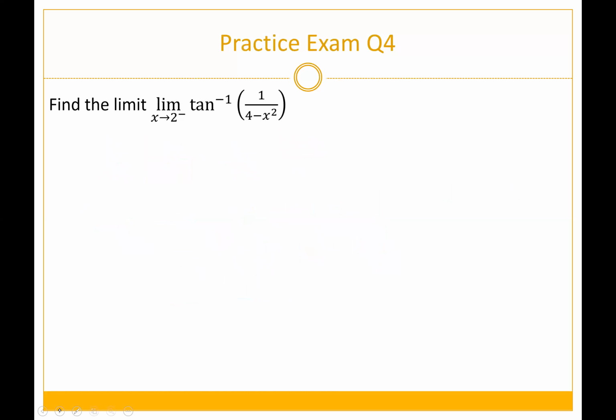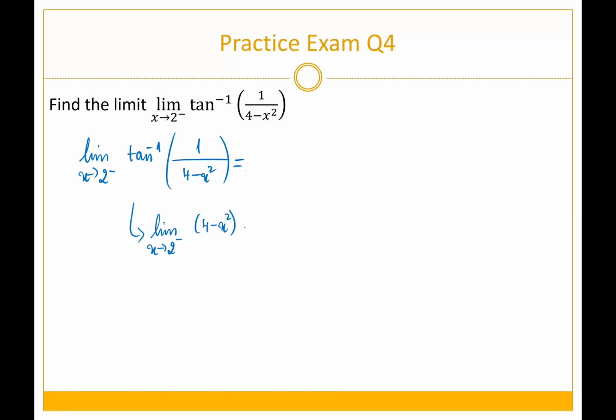So again, find this limit, and now I think it's kind of related, because we've started to go with inverse functions. So we have limit of x approaching 2 minus of inverse tangent of 1 over 4 minus x squared. Now, when x approaches 2 minus, where does 4 minus x squared go?